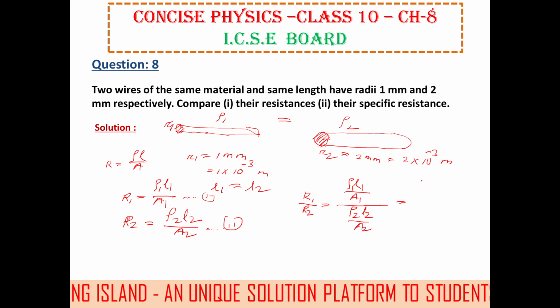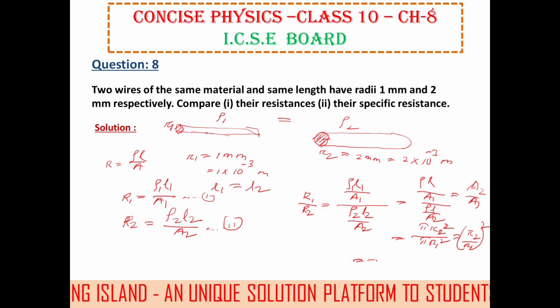Here you know rho 1 equal to rho 2, L1 equal to L2, so I can write rho L by A1 over rho L by A2. Rho cancels, so I will get A2 by A1. If I put the formula, A2 is pi R2 square, here also pi R1 square, pi cancels, I am getting R2 by R1 whole square.